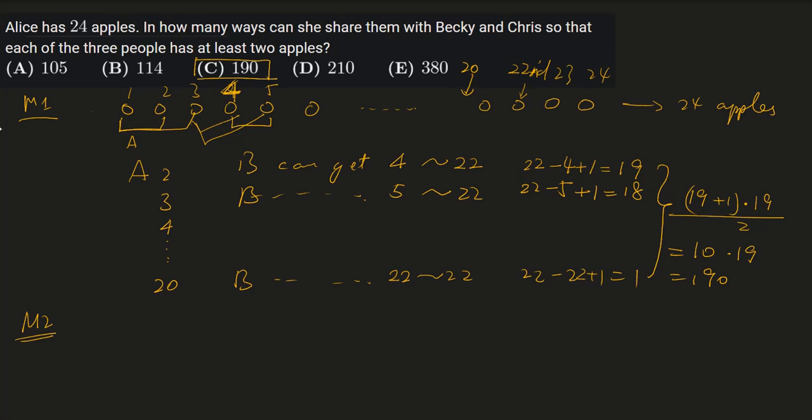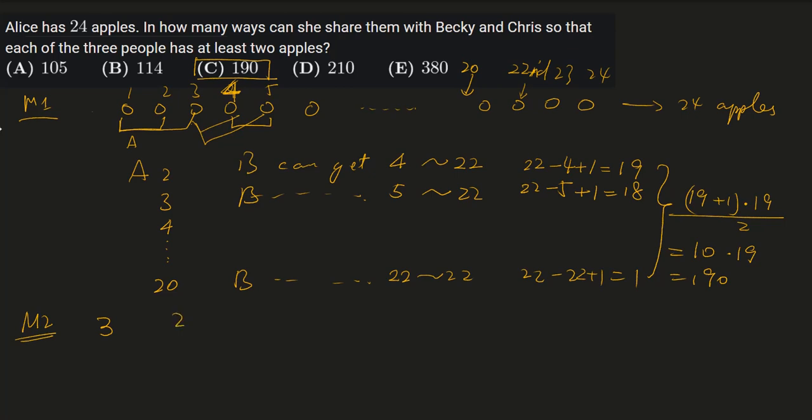Don't forget, in this problem, each of the 3 people has to have at least 2 apples. Then why don't we take out 3 apples and put these 3 apples aside and give 1 to each of the 3 people, so that each of them has at least 1 apple already.